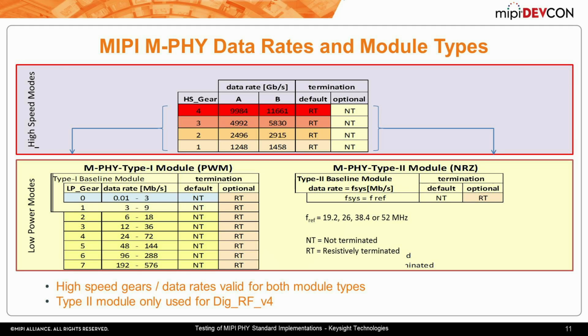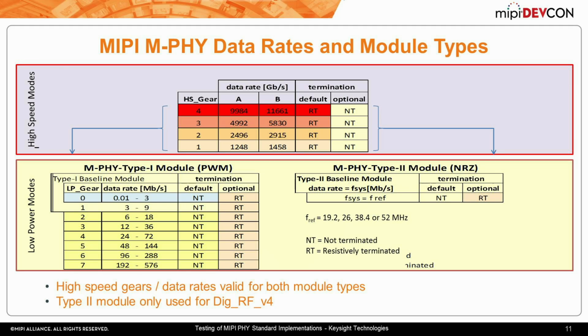So that's this gear 1, which is what it's referred to, starts at these lower speeds, and then subsequent gears essentially double, or pretty much close to double the data rates as they go up into these higher data rates. So this is one way that you can get higher throughput on M-PHY. Another way is that you can also have multi-lane interfaces as well. Okay, so here's our high-speed mode right here.